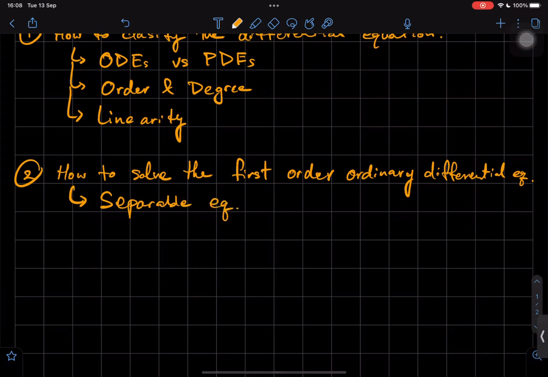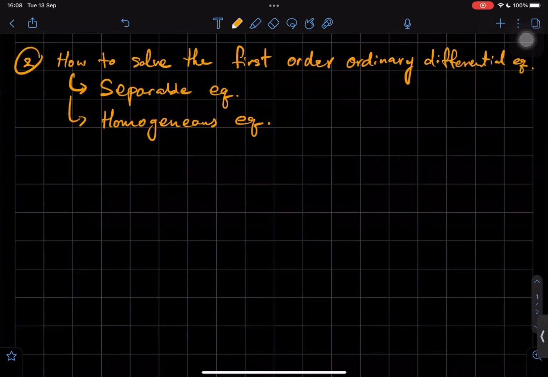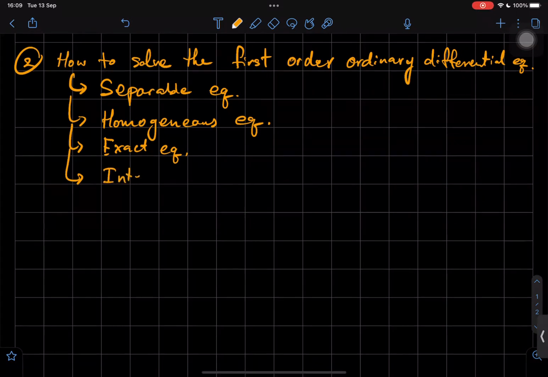One is by using separable equation. Homogeneous equation. Exact equation. Okay. And also by using the integrating factor.